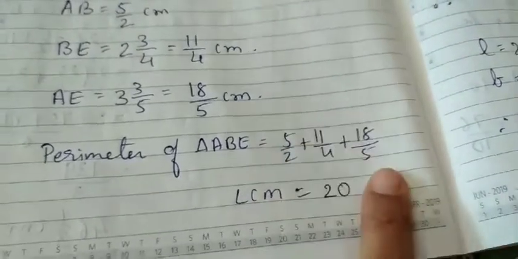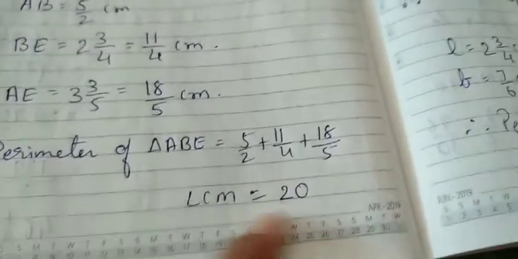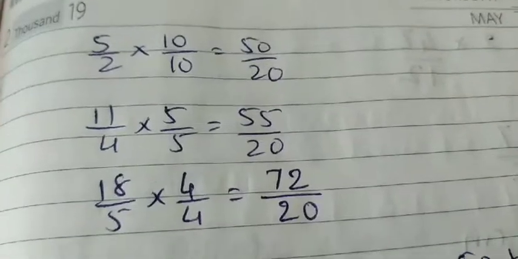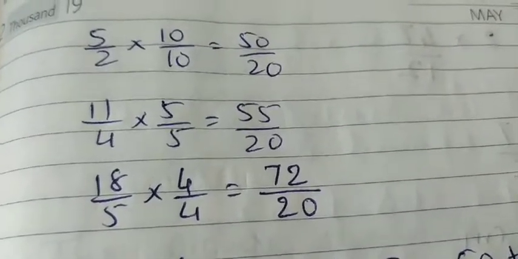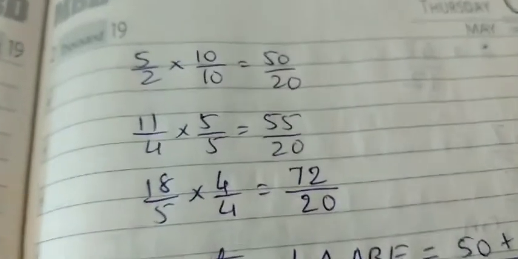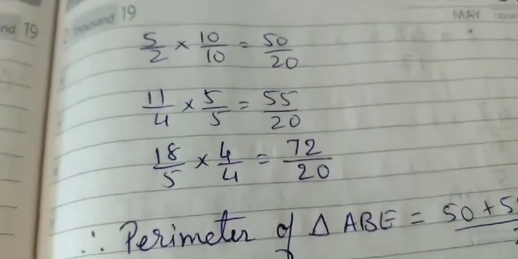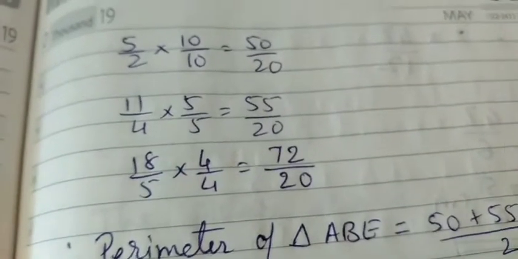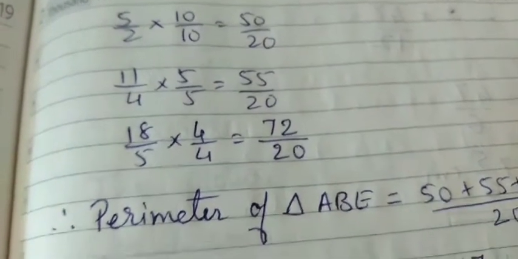LCM of 2, 4 and 5 is 20, and now carrying out further calculation of making the denominators the same, 5 by 2 becomes 50 by 20, 11 by 4 becomes 55 by 20, and 18 by 5 becomes 72 by 20.